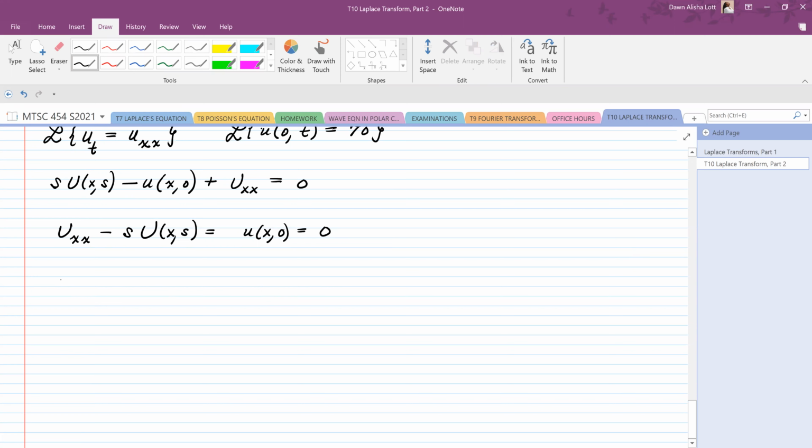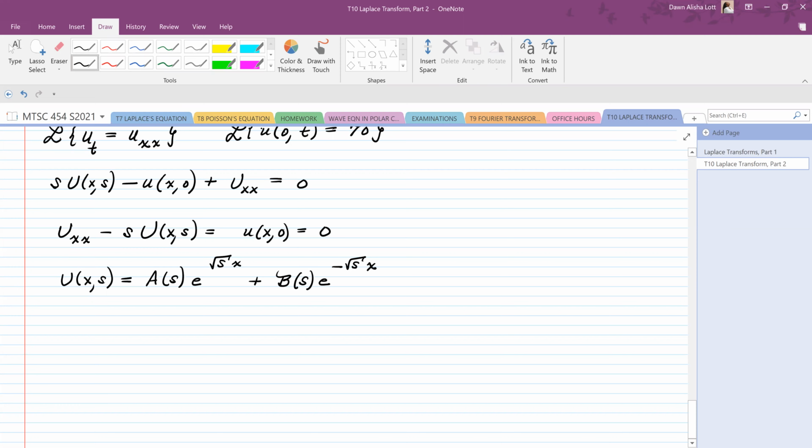So we get U of x and s is equal to A of s e to the square root of s times x plus B of s e to the negative square root of s times x.